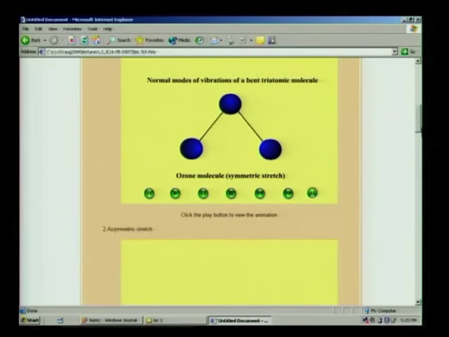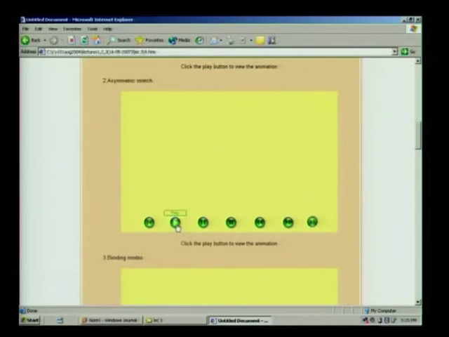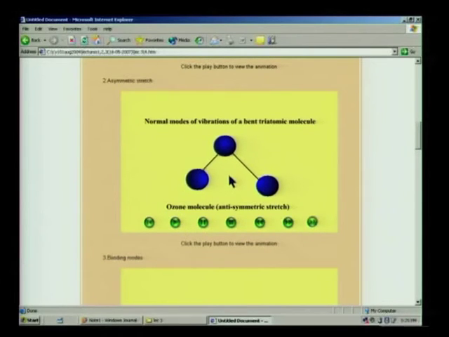Let us look at the other normal mode. This is the antisymmetric stretch. You see that one bond is lengthened while the other is shortened. Therefore, in this mode, like the previous mode, of course, despite being ozone where the atoms are identical, you see that the bonds are different: this oxygen is different from this oxygen.